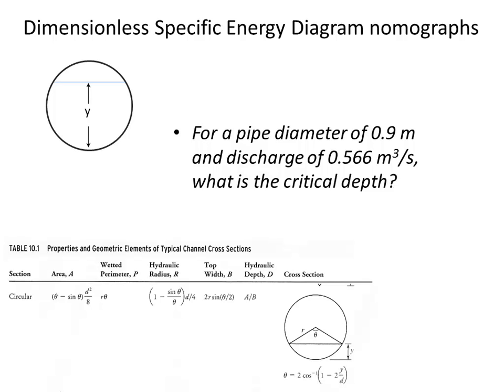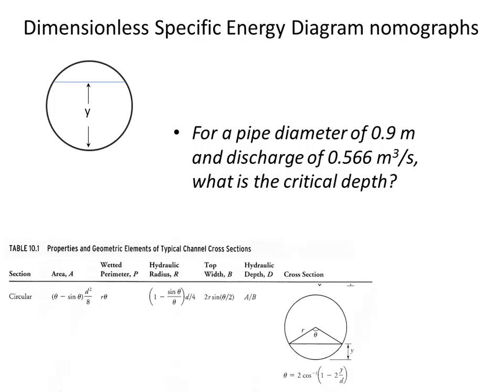What we would have to do is first, for Q is 0.566 cubic meters per second. The diameter is 0.9 meters. The area is going to be d squared divided by 8 times theta minus sine theta.